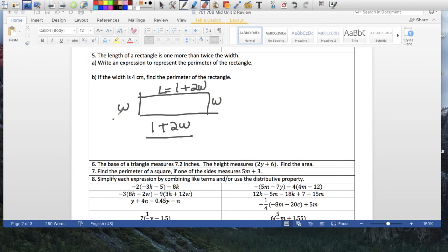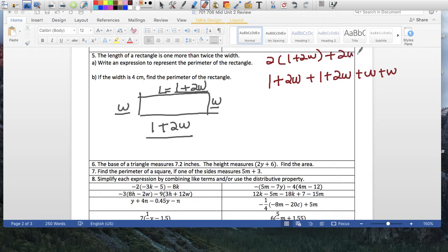So I have my 4 sides here, and to find the perimeter, I'm going to add all of them up. Let me do it as 1 plus 2w, plus 1 plus 2w again, and then plus w plus w. You could have used the shorter expression, either this one or this one, to show the sum of all the sides.